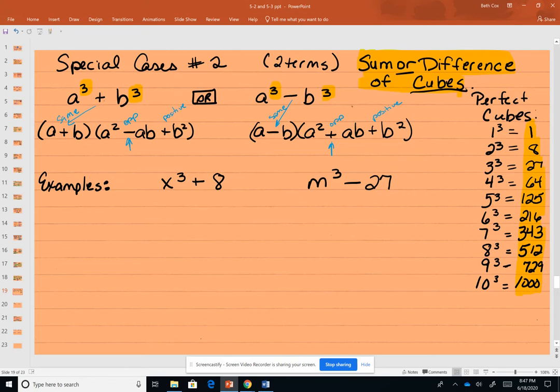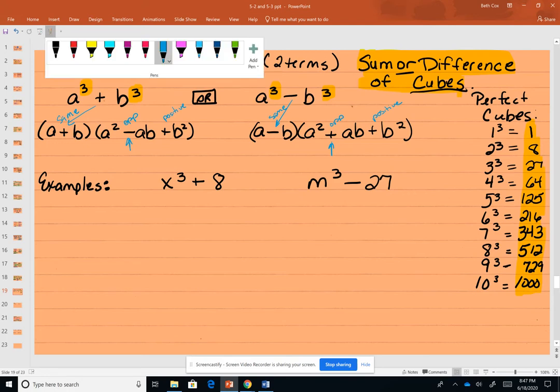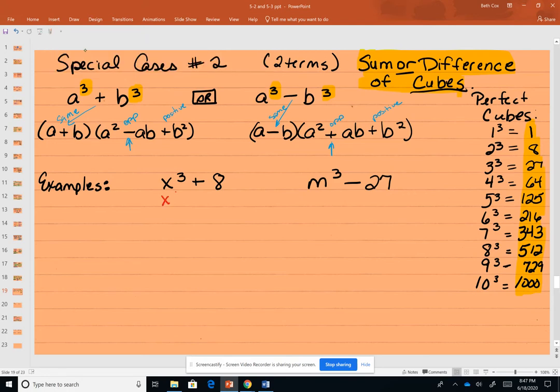Now what we're going to do is rewrite. This is x to the third, and we're going to rewrite the 8 as 2 to the third. Now we're going to get ready for our formula. Notice we just drop the little 3's.